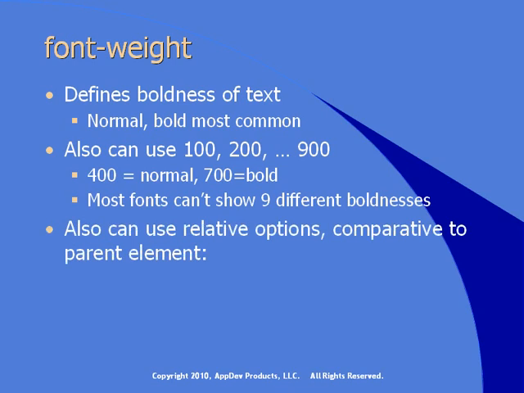You can also use relative options, comparative to the default parent element. Remember that in most cases you inherit the behavior of your parent element, but you can specify bolder and lighter, and those will be with respect to what you would have been if you hadn't specified this attribute.